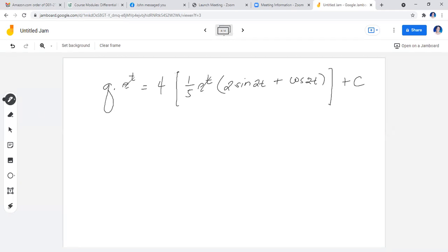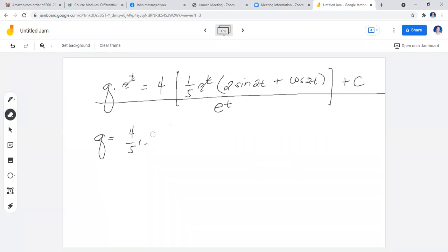So if we divide by e raised to t, now you have q left on the left side, and you will have 4/5 e raised to t, and then it will be multiplied to, this is already canceled, so it's not supposed to be written there. So 4/5 only.